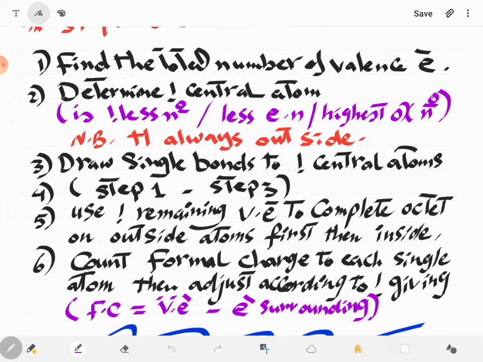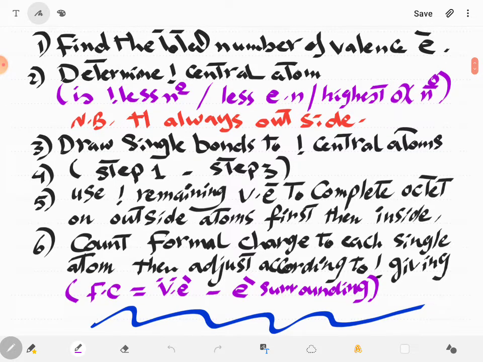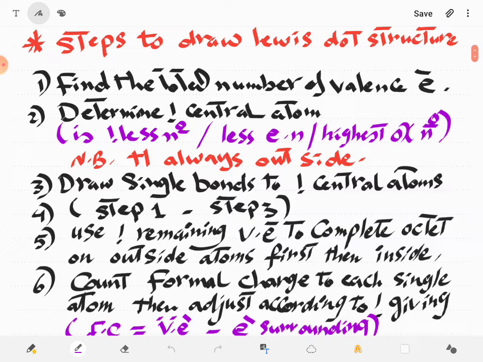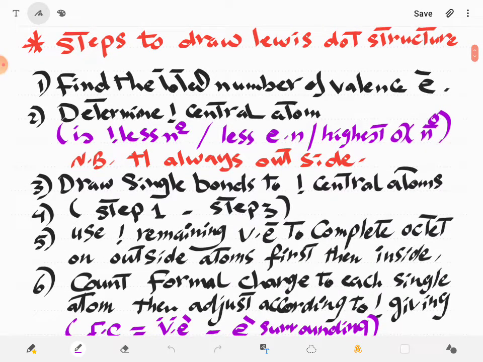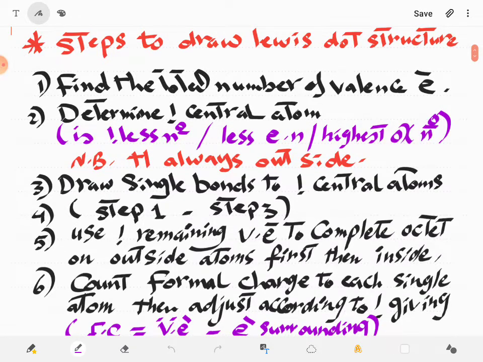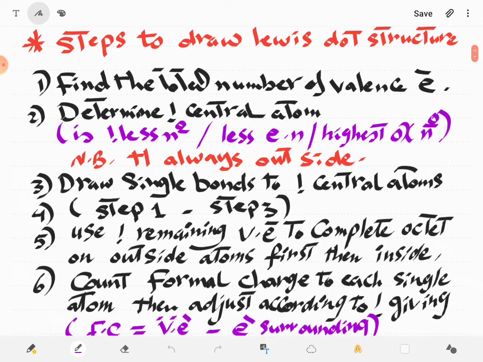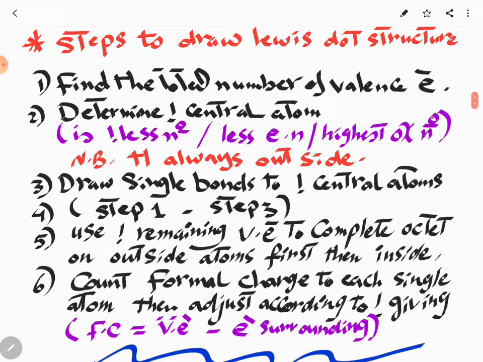According to that, you will handle the situation. This is the easy way to write a Lewis dot structure. There are almost 4 methods, but this is the most complete, simple and accurate one. Done?